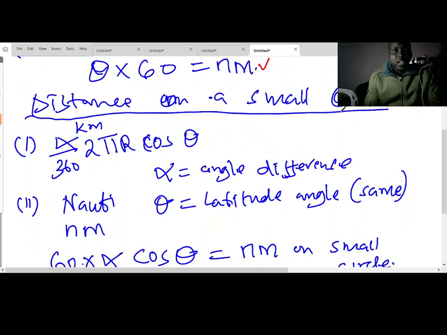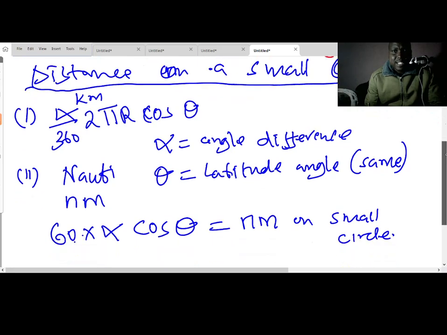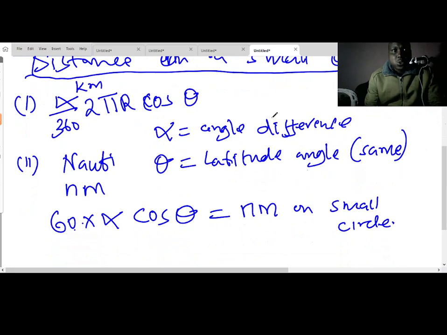Distance on a small circle. Let us look at a small circle now. If you have identified that this one is a small circle, the distance in kilometers is given by alpha over 360 times 2 pi r cos theta. Now it changes a little bit. What is alpha? In this case, alpha is the angle difference.